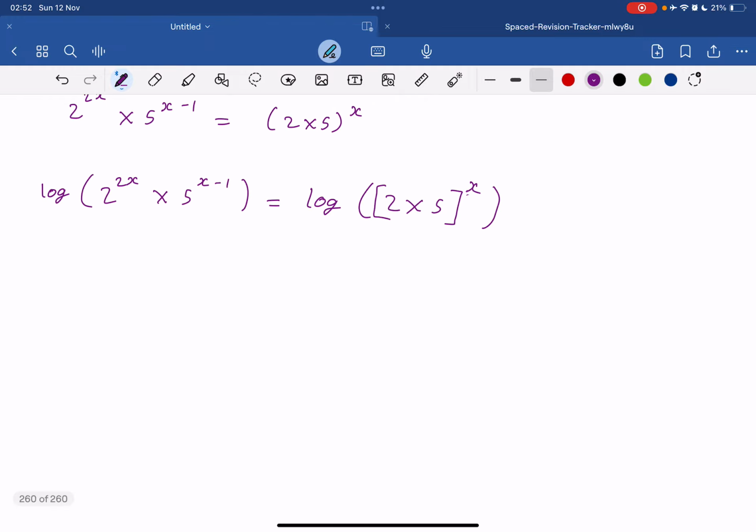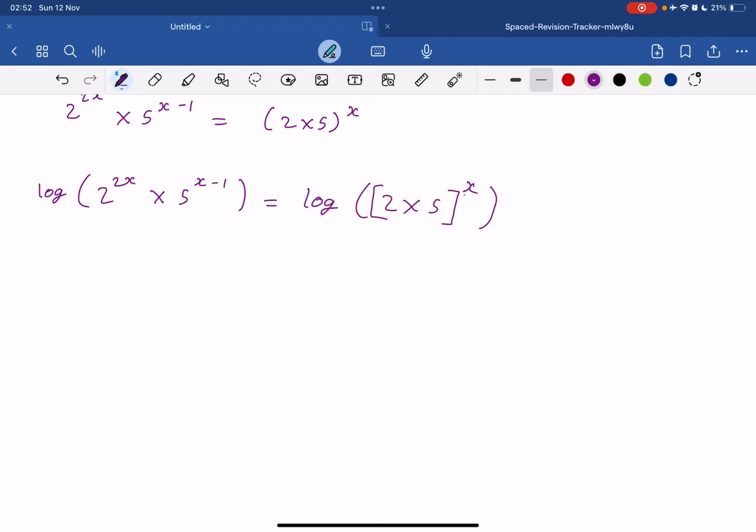The two log laws in particular, the first is the power law, which is k log base a of b is equivalent to log base a of b to the power of k. So it's essentially multiplying by the power.